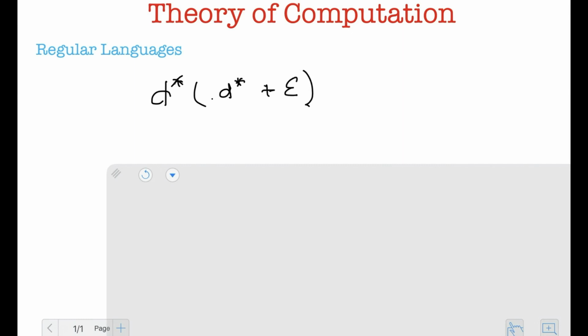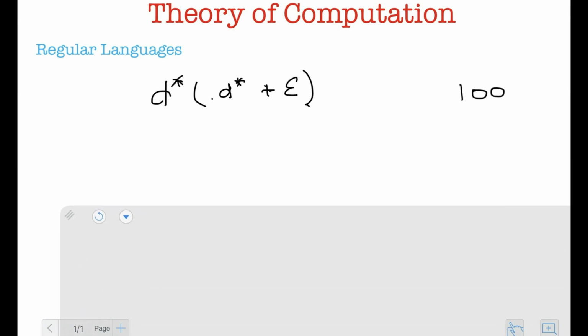The reason I have that epsilon is because I also want to consider that 100 is also a valid floating point number. So this would be for a float.